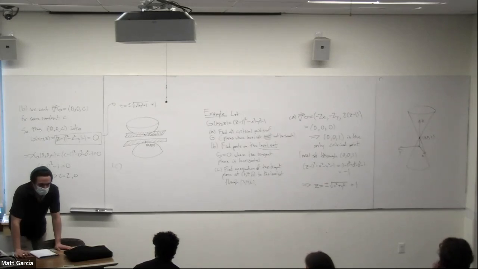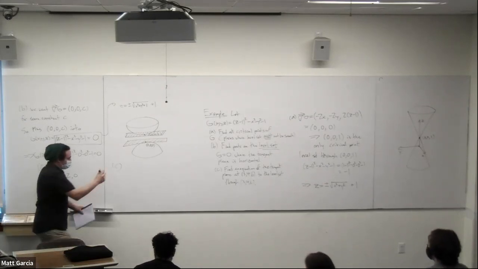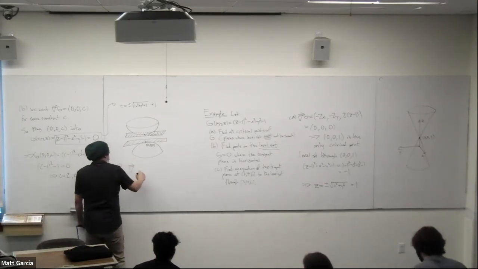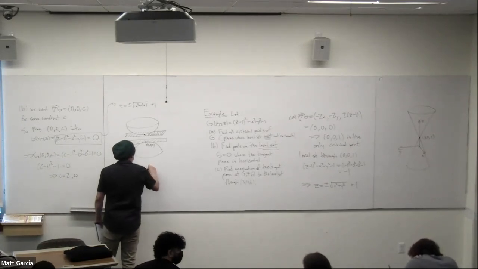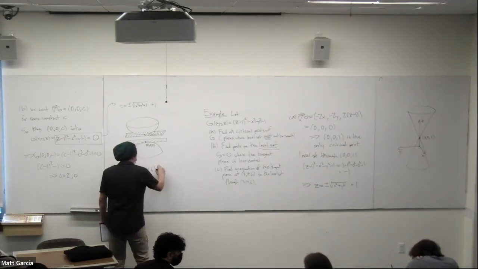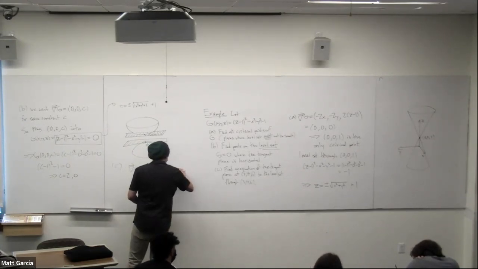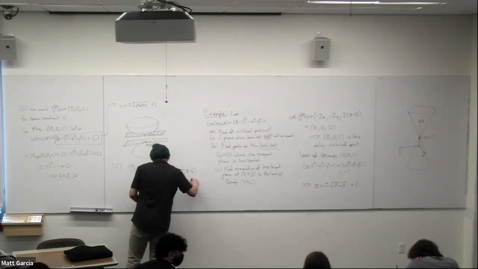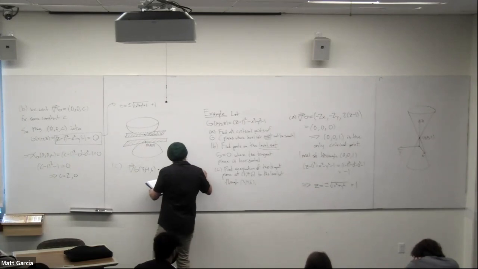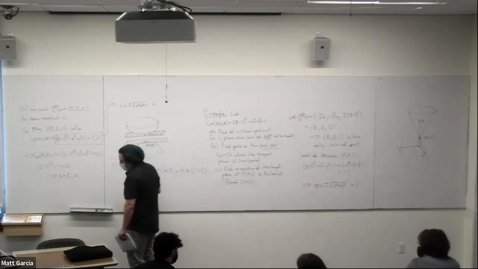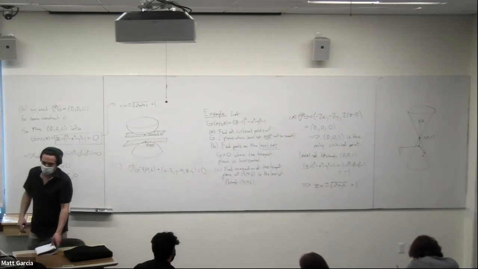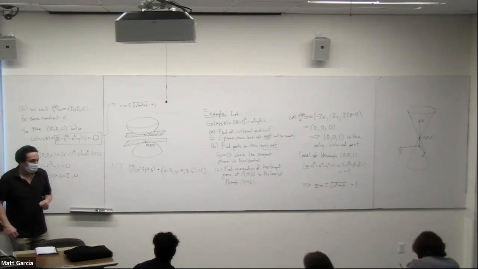That is to say, let's just write it down. Gradient of G evaluated at (3, 4, 6) dot (x minus 3, y minus 4, z minus 6) equal to 0. Okay, so you can calculate that out if you like.